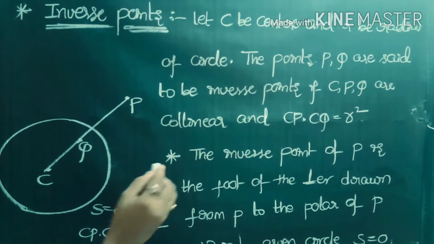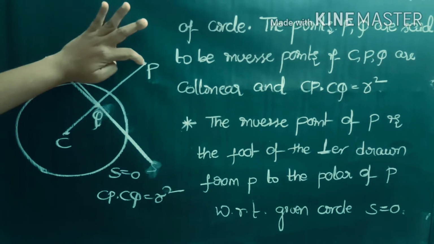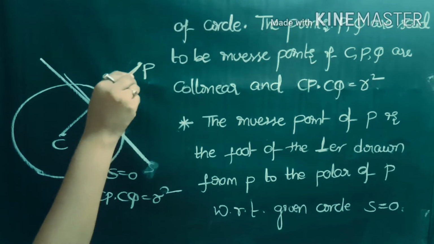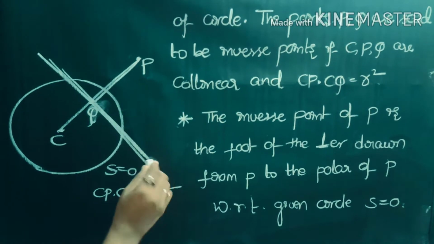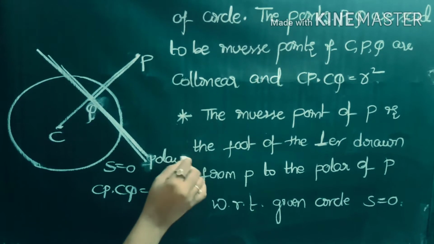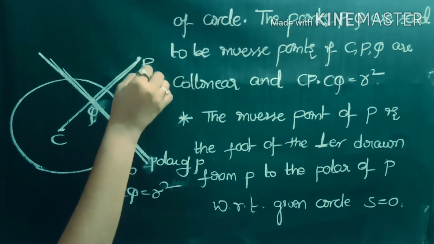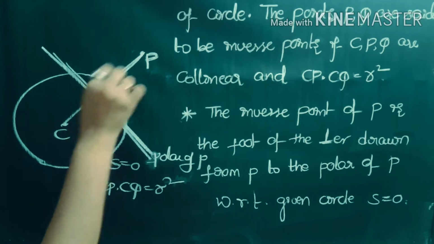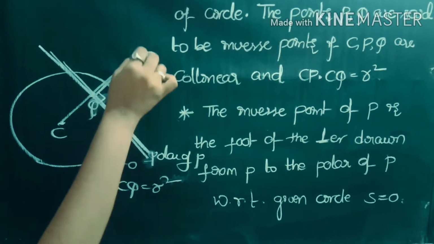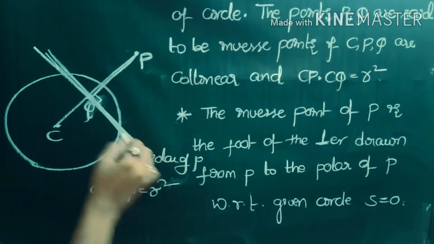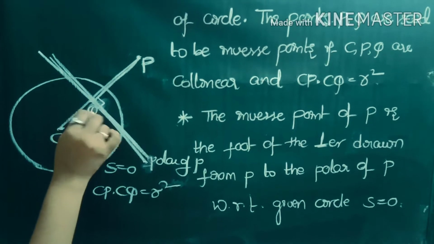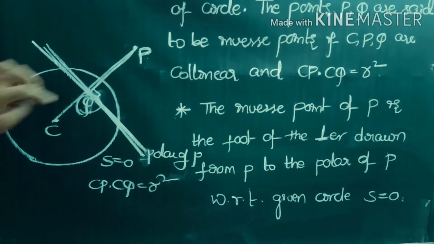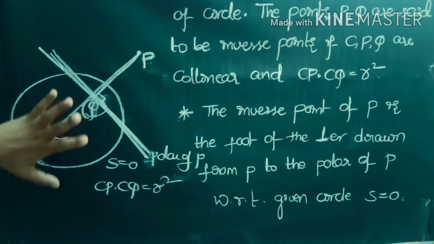Now the next point: the inverse point of P is nothing but the foot of the perpendicular drawn from P to the polar of P. Suppose this is the polar of P. To find the inverse point of the point P, we simply find the foot of the perpendicular drawn from P to the polar of P. This is the inverse point of P, Q. These two points are the inverse points.